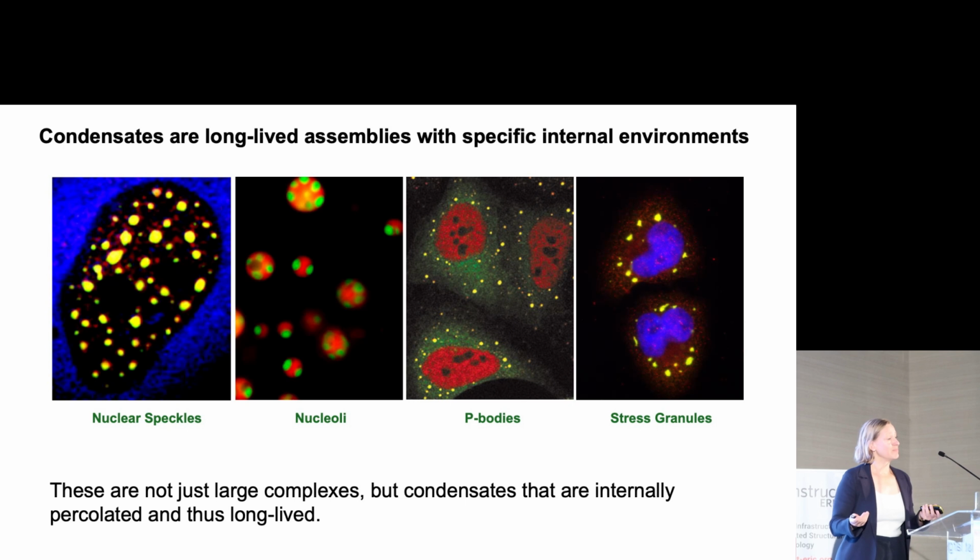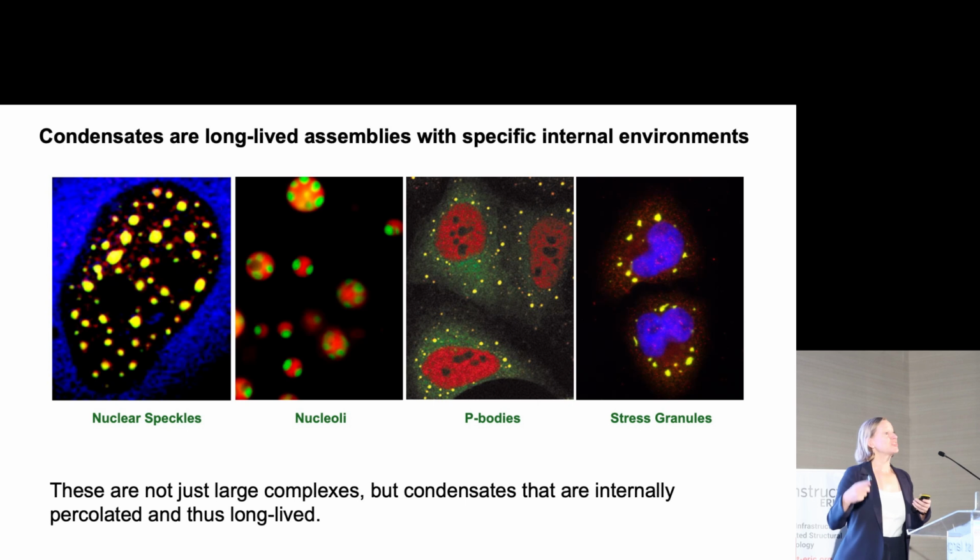They are not enclosed by a membrane, but they can concentrate specific components within them. And how do they do this? If you had to build such a large assembly just by typical protein-protein RNA interactions with typical affinities, you need very high affinities to build such large assemblies. And that would make it rock solid.